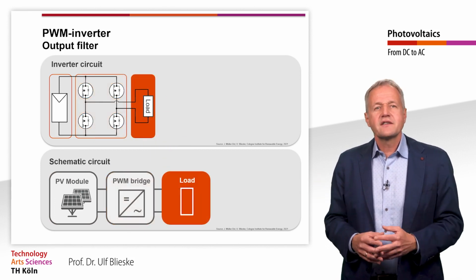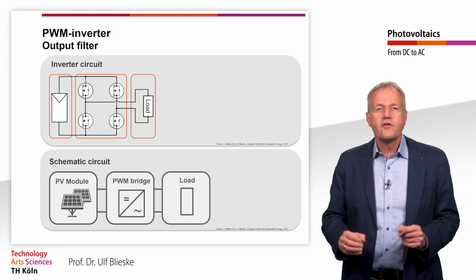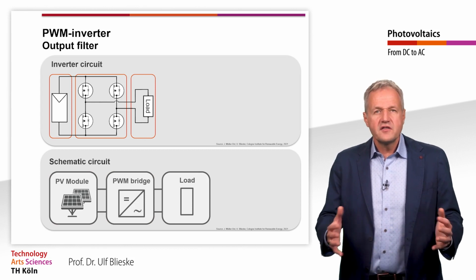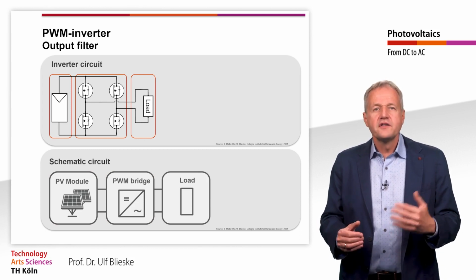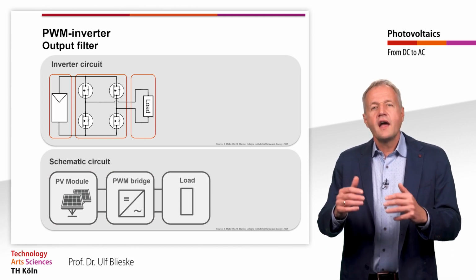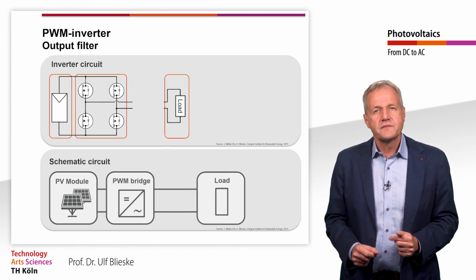In order to generate a sine wave from the pulsed voltage signal, the signal has to be smoothened. For this purpose, a low-pass filter is integrated into the circuit between the consumer and the PWM bridge.